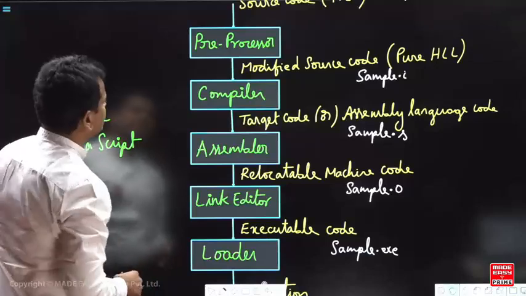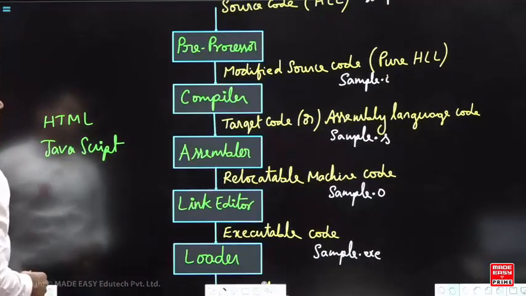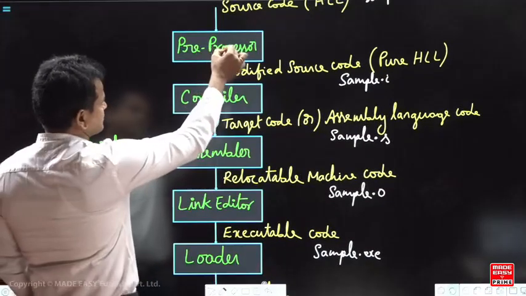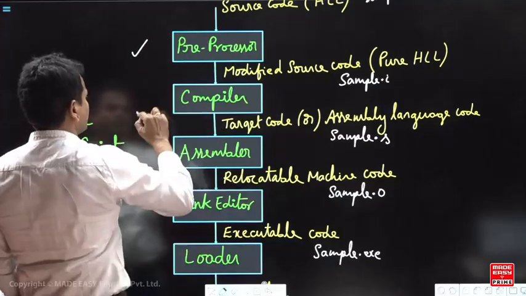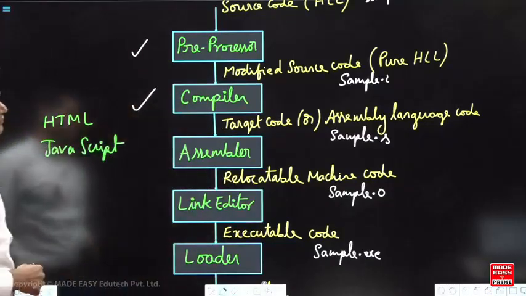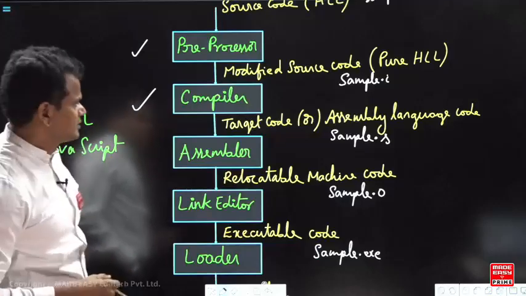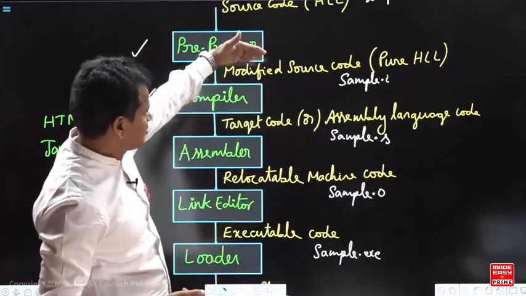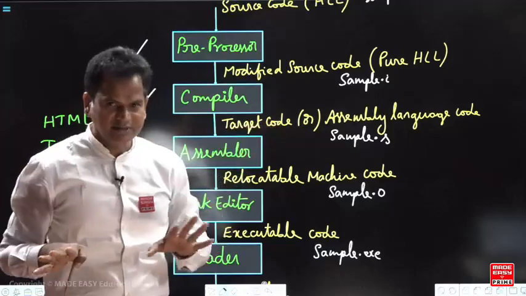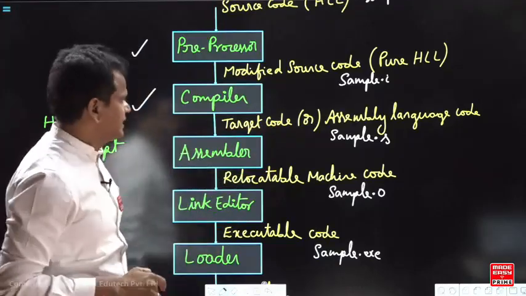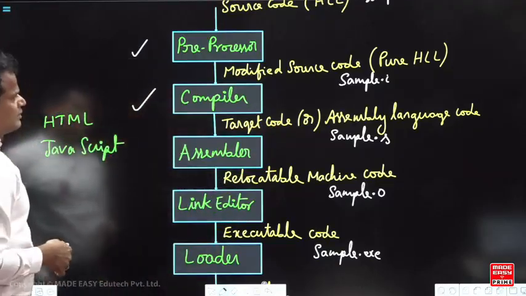Next, compiler. So the pre-processor is done. Now take the compiler. I need not say that it takes the modified source code as input and produces the target code as output. Already we have done that, and I have given the notes also. Now take note.